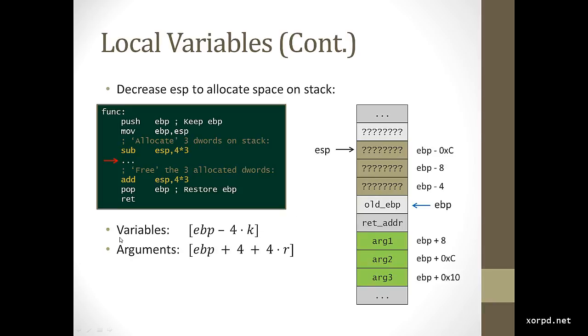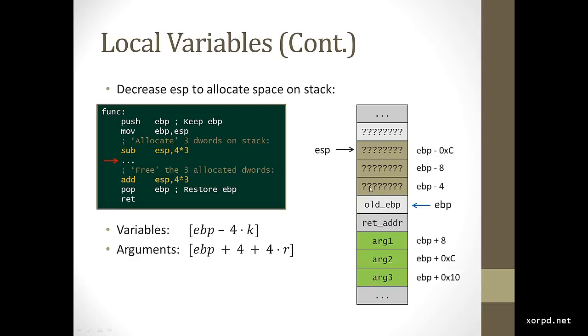A general formula to get into one of the variables is of the form EBP minus 4 times k. And as usual, if we want to access the arguments, we just have to calculate EBP plus 4 times r. As an example, the first argument is at location EBP plus 8.